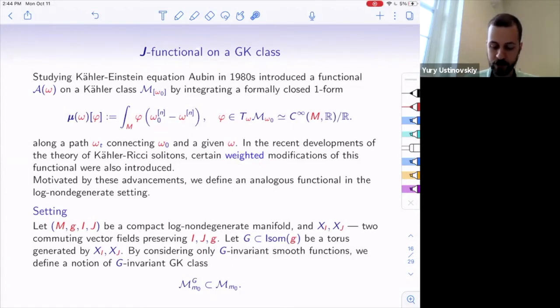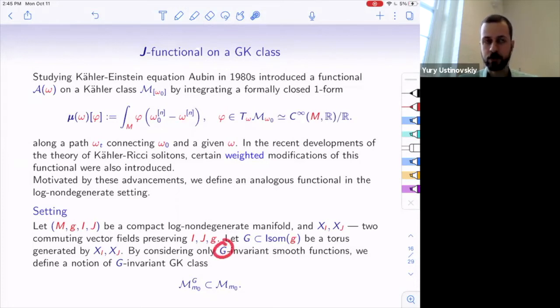So let me set things up. We start with a compact log non-degenerate manifold. We pick two commuting vector fields preserving the structure, preserving I, J, and so on. So they will be generating some torus in the isometry group. So we fix this torus G. And we now will be considering not actually the generalized Kähler class which we defined above.